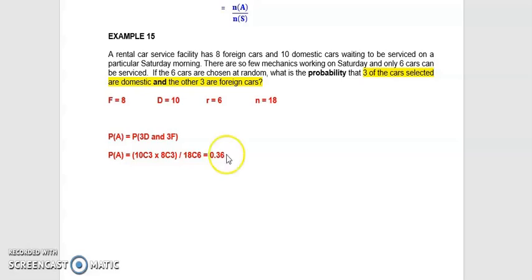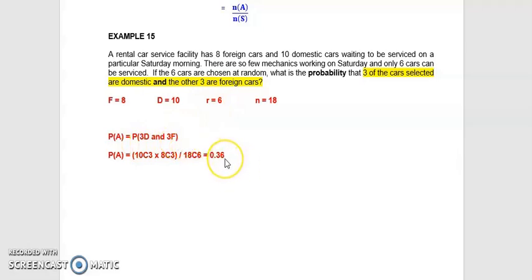So in this case, selecting 3 domestic cars and 3 foreign cars is only about 36%, which means there is a low chance of selecting this combination for 6 cars, 3 domestic and 3 foreign.